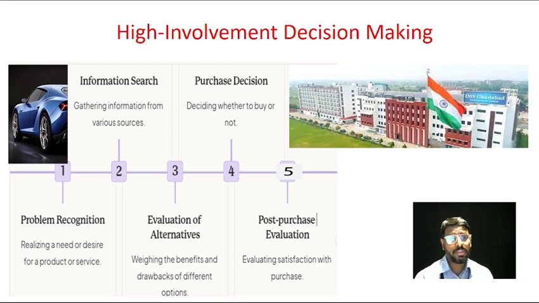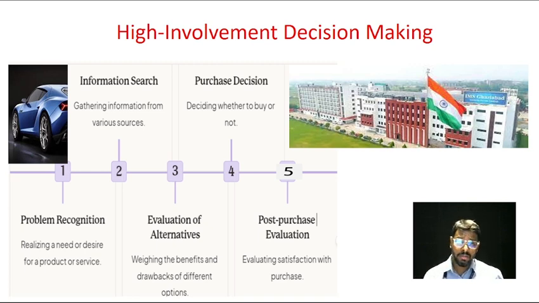Next is information search. What will he or she do? They will search on Google or in different referral groups, their society group, their relatives, their parents. They ask what kind of information they are searching over the internet. As I said earlier, they will search about the placement, about the faculty members, whether they are PhD or non-PhD, about the infrastructure, about academic excellence, right?